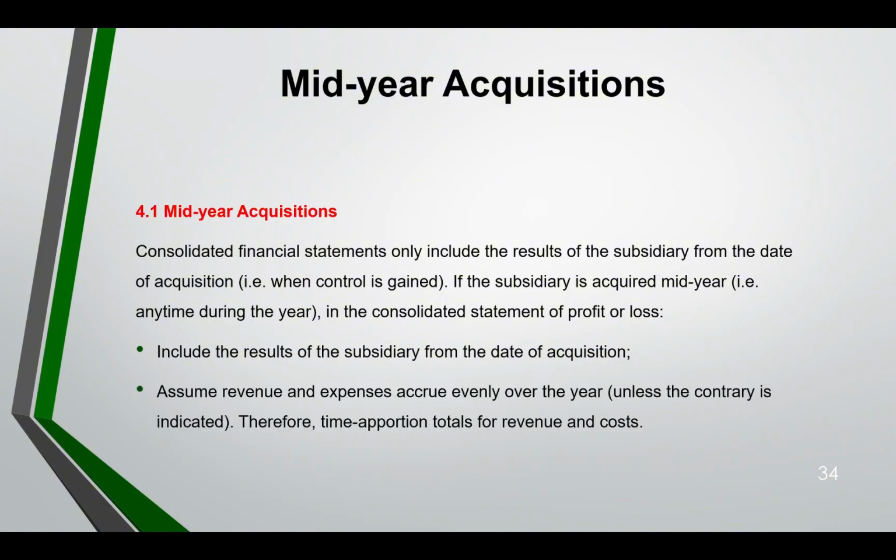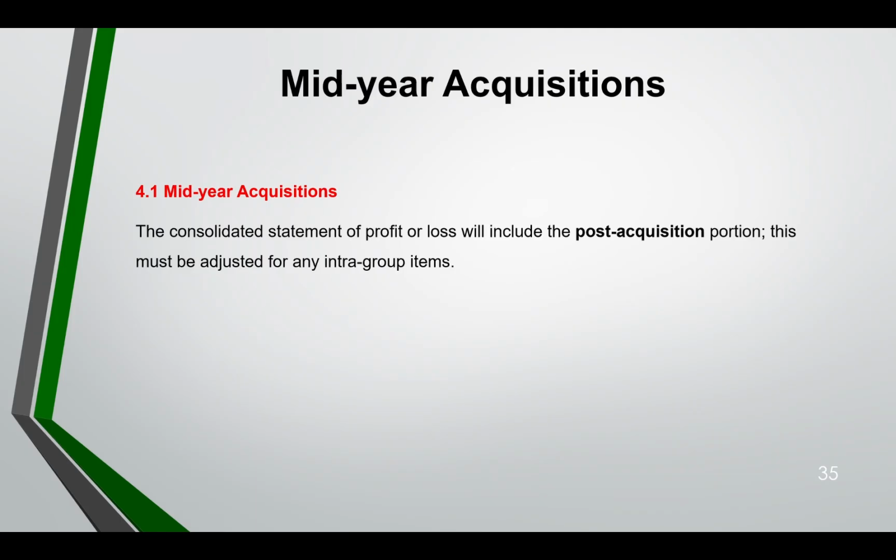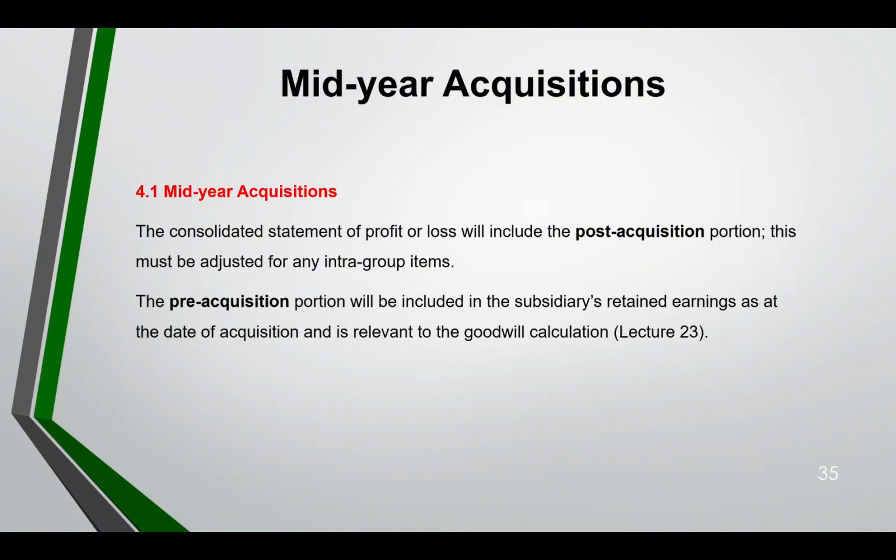Line by line, you will add the revenue and expenses, assuming they are occurring evenly over the year. So you have to time apportion your revenue and cost. In your profit and loss, the post-acquisition portion, you have to adjust for any intra-group items. What about pre-acquisition?